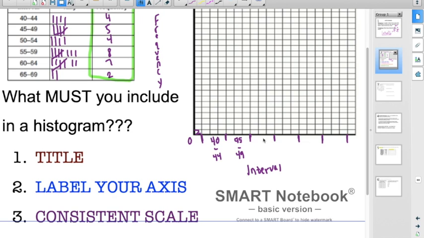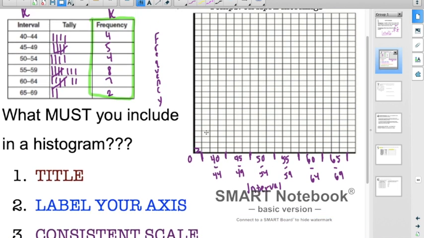And this is going to be 50 to 54. And this is going to be 55 to 59. And I'm just going down with the intervals, 60 to 64 and 65 to 69. Okay. So I got my interval here.